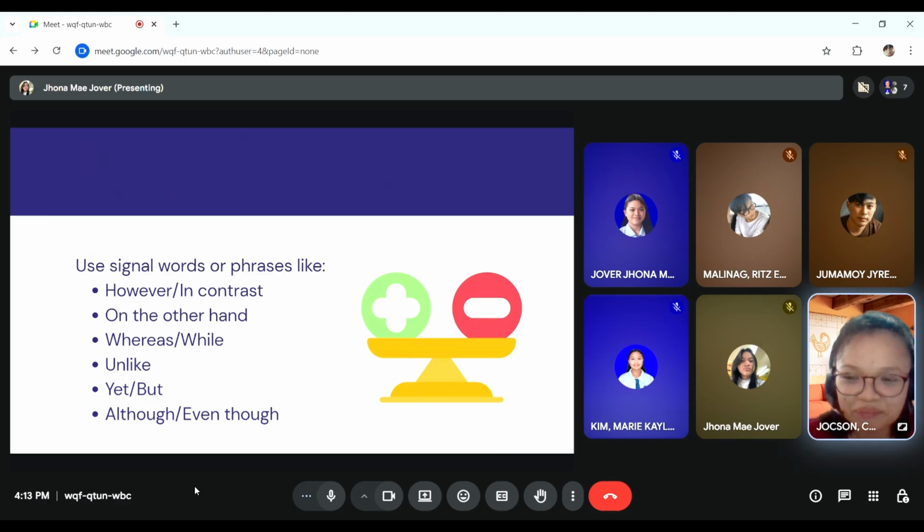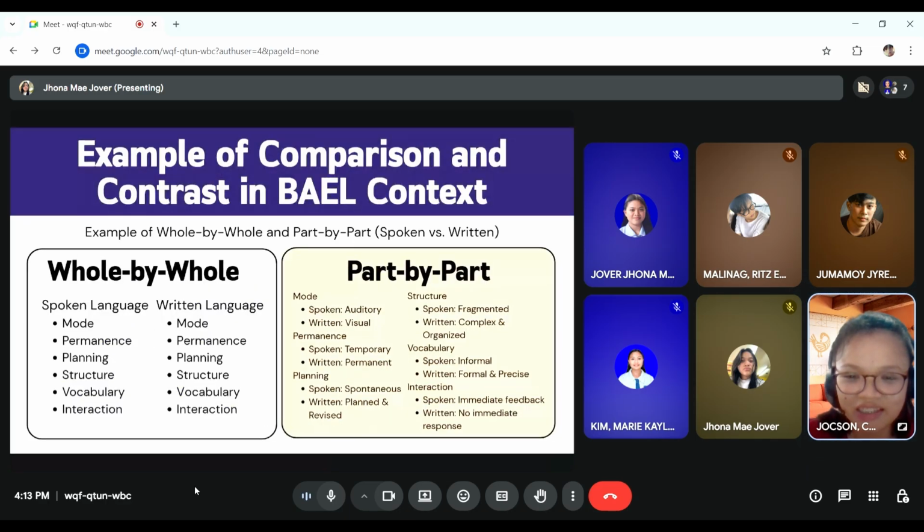Okay, so we also have here another way to show comparison and contrast, especially when we're talking about two specific topics with our examples, spoken and written language. So what I've just showed you earlier is how to map out a comparison and contrast with paragraphs. Now we have whole by whole and part by part.